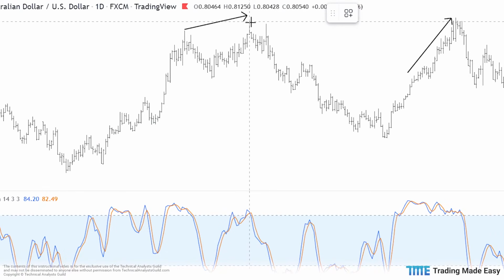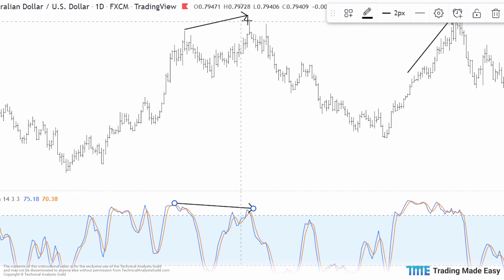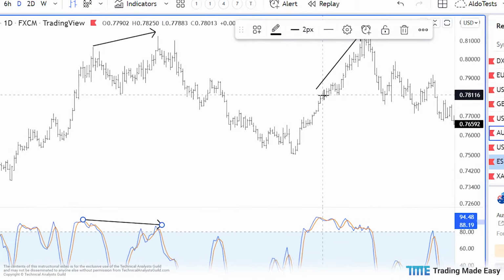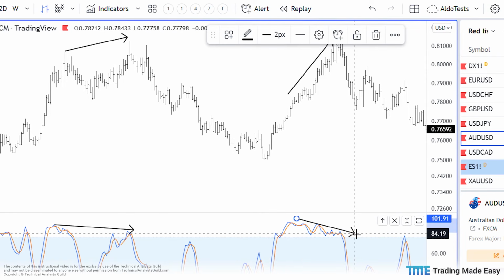This high is higher than this high, whereas the indicator at the same levels is lower. Where prices are moving higher, the indicator is moving lower. Notice how here prices are moving a lot higher, whereas the indicator is during the entire time moving lower.